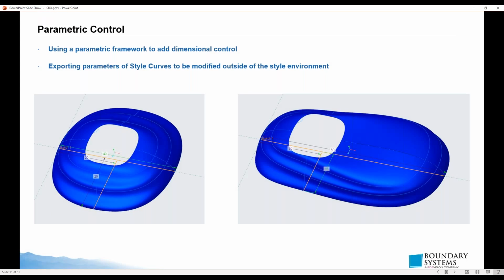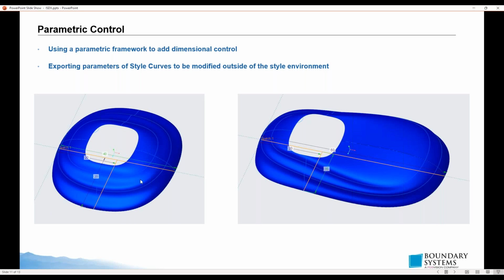Parametric control. Yes, you can use a parametric framework to add dimensional control. So, for example, you can see down here in the bottom image here to the left and the right as well, that we have a sketch that determines the length of the part and also the width.